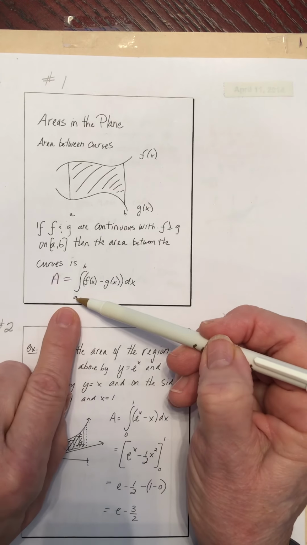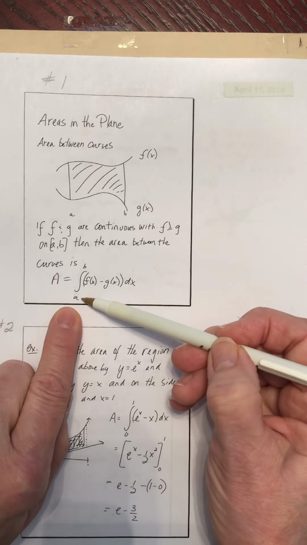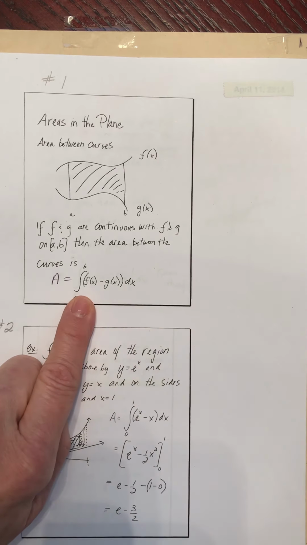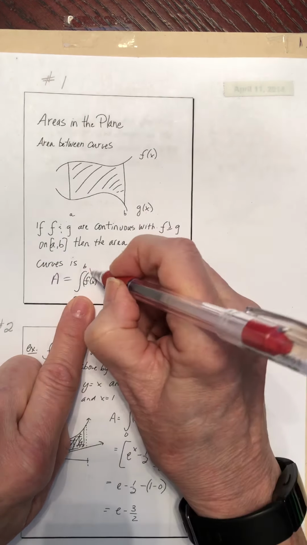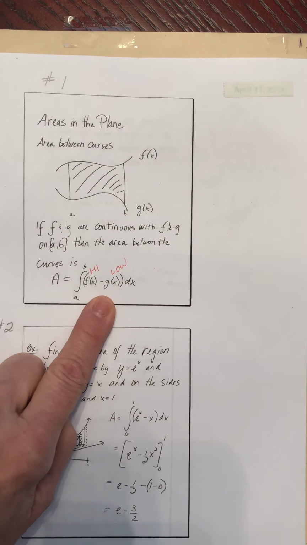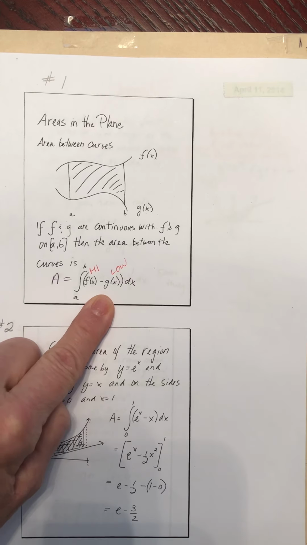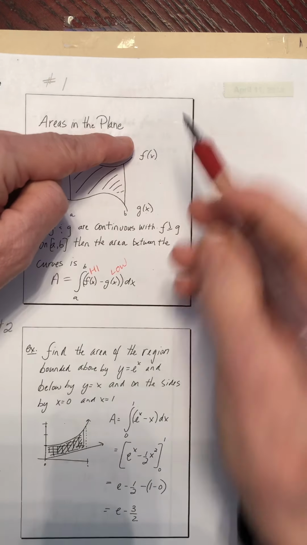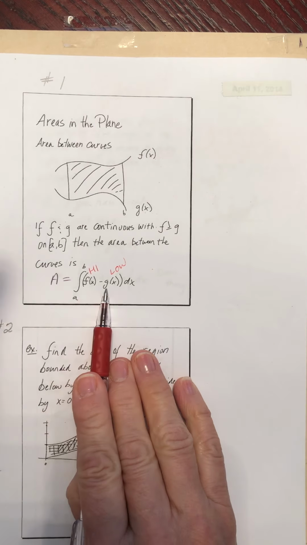From where that area first starts to where it ends, and this idea only works if you start with the high function and then you minus the low function from it. So that's what makes a graph really, really good. So this would match my graph. If g were the higher one, I would have g of x minus f of x.